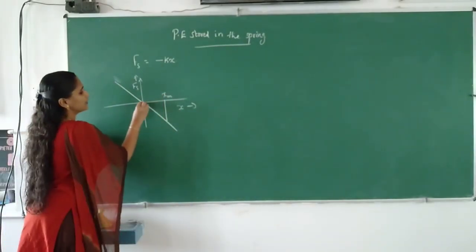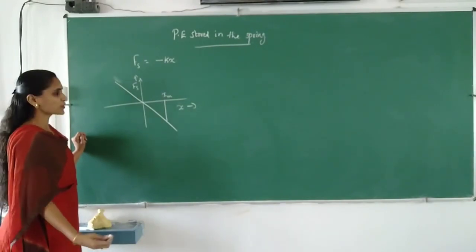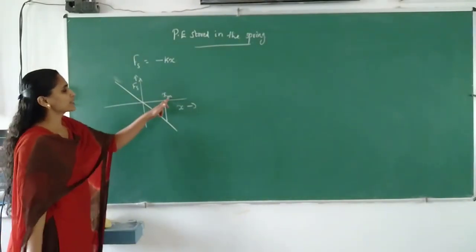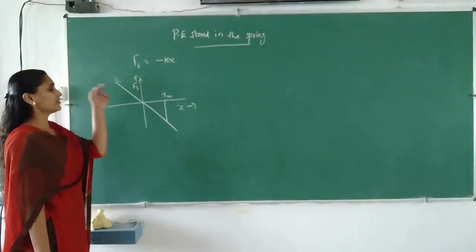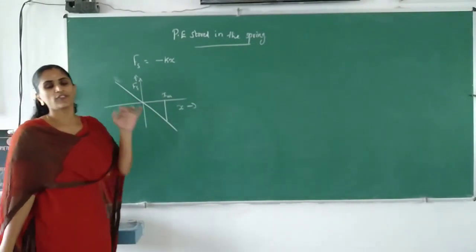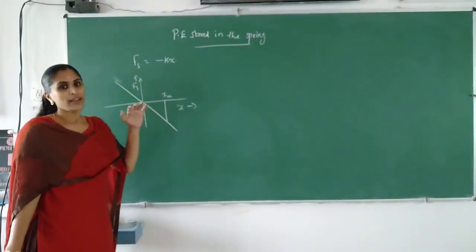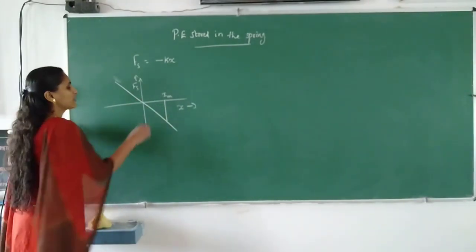Initially it is at the equilibrium position. Equilibrium position corresponds to x equal to 0, and it is displaced up to xi. So we can find the work done. How to find the work done? As we already discussed, we can find the work done if a graph is plotted between force and displacement by finding the area.